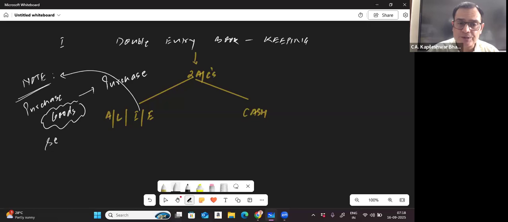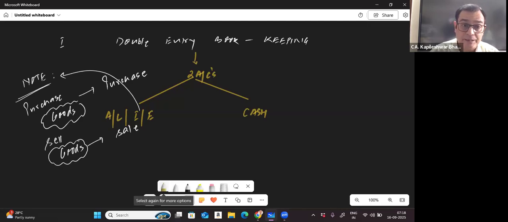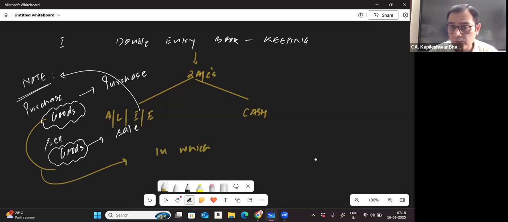When you sell goods, the focus is on the goods. Don't use the word goods, use the word sale. Goods are what you deal in. So if you're a garment dealer, then garments are goods. If you're a cement dealer, the cement is goods.